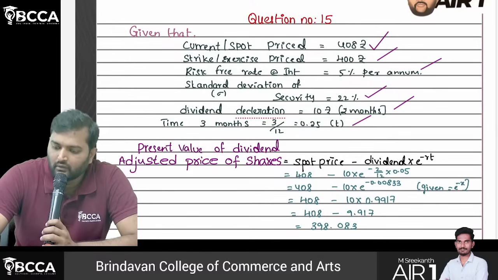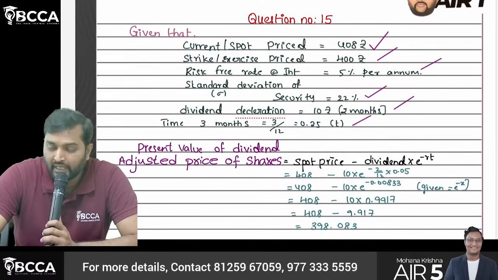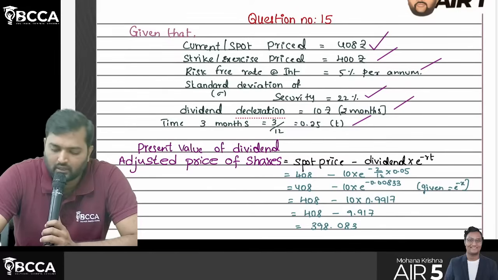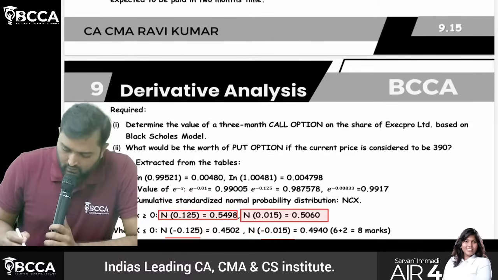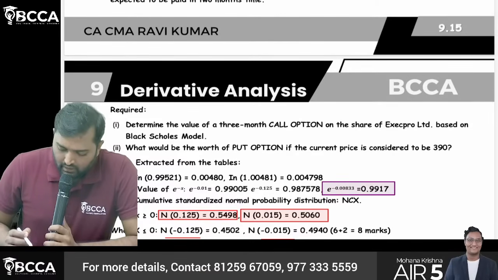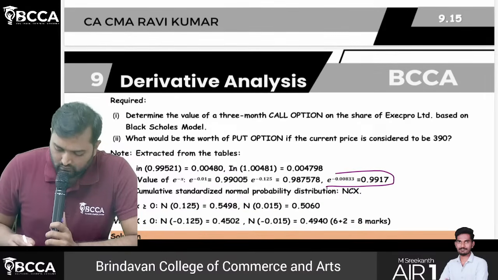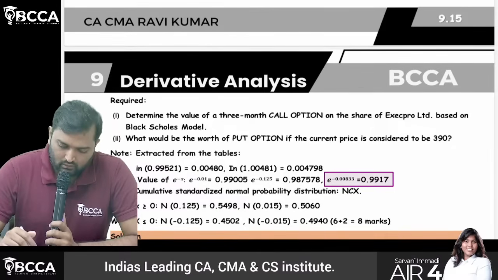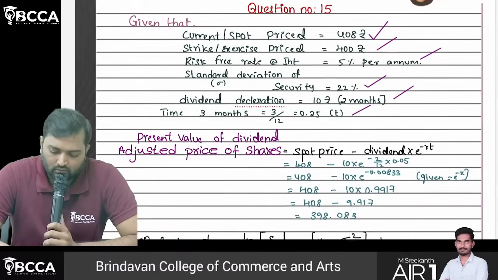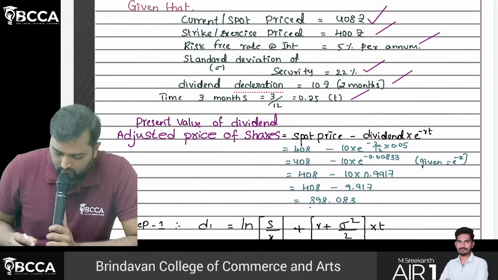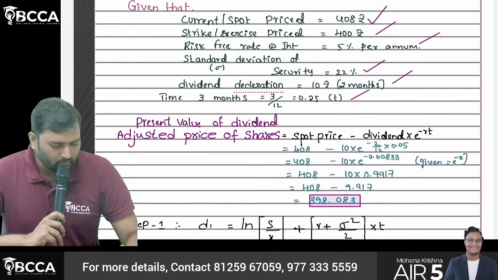So e power minus 2 by 12 into 0.05, that is e power minus 0.00833, and this value is already given in the question. So we multiply 10 with 0.9917. So what is the adjusted spot price? 398.083 is the adjusted spot price.